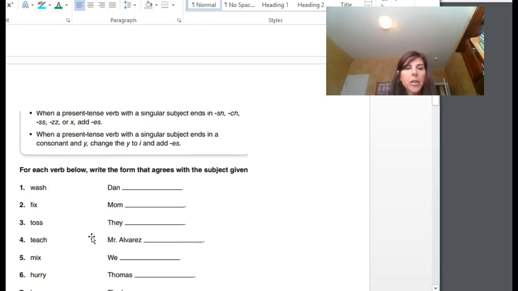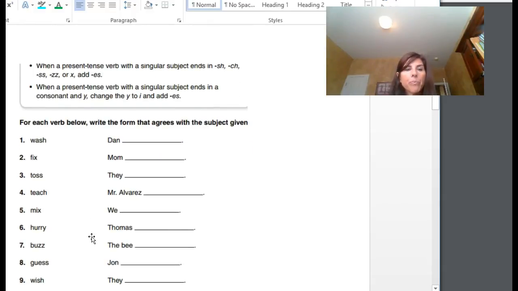The next one, we're talking about writing present tense verbs. For each verb below, write the form that agrees with the subject. So here, when a present tense verb with a singular subject ends in sh, ch, let's underline those here, sh, ch, ss, zz, or x, you add an es, such as in wash.